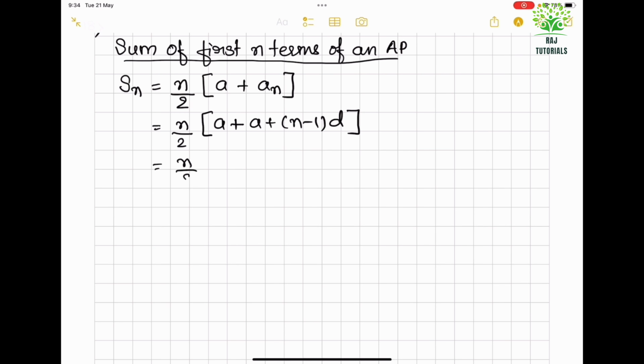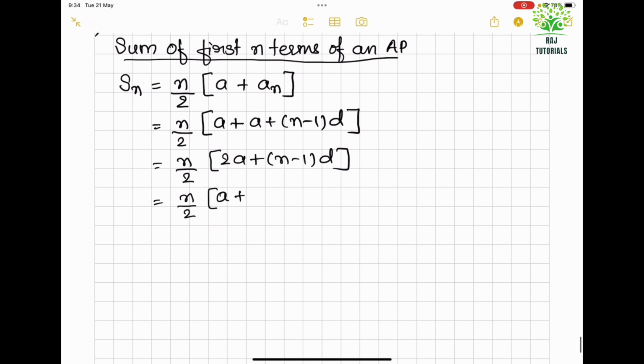So this is also written as n by 2 into 2a plus n minus 1 d. And n by 2 into a plus L, if the first term and the last term of the AP are given. So these are the basic formulas to find the sum of n terms of an AP.